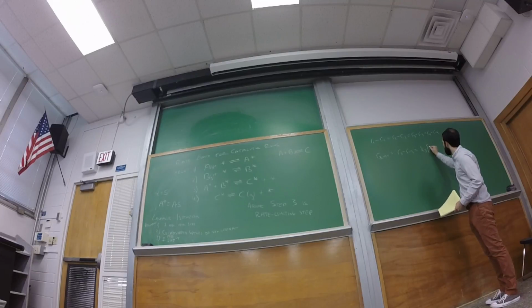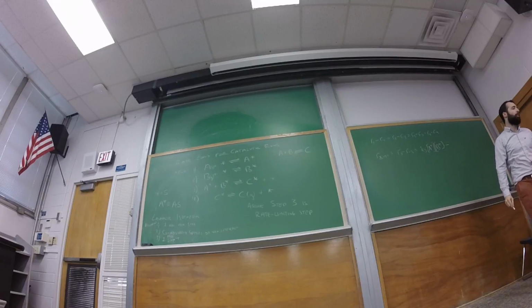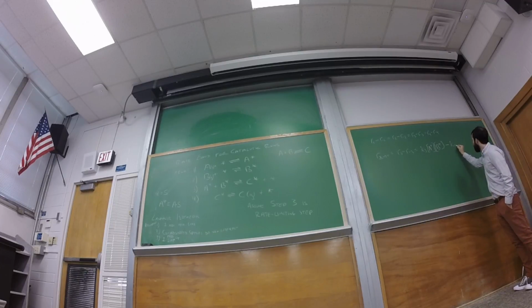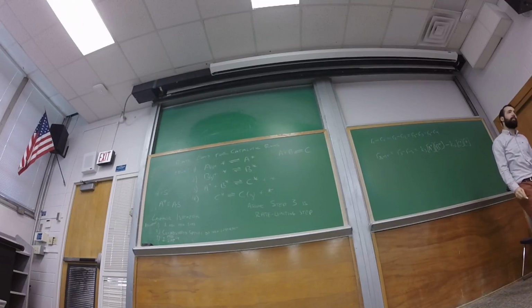k3 times the concentration of A star times the concentration of B star. And then we need to subtract from that the reverse rate, which is what? k minus 3 times the concentration of C star times the concentration of empty sites.